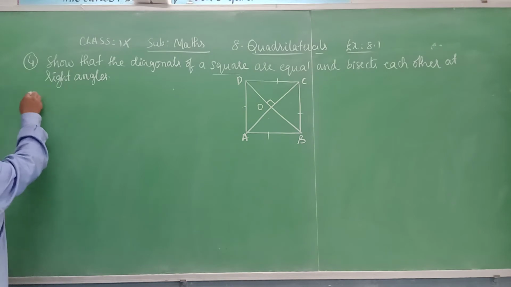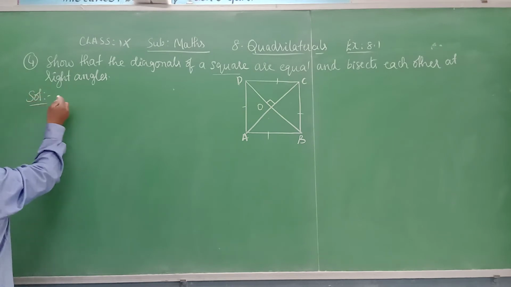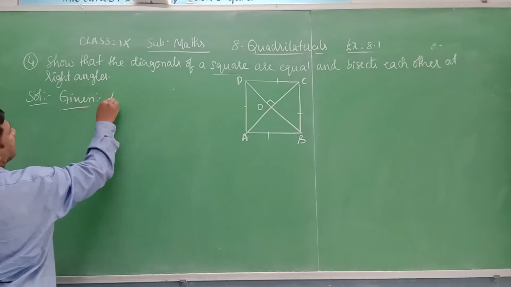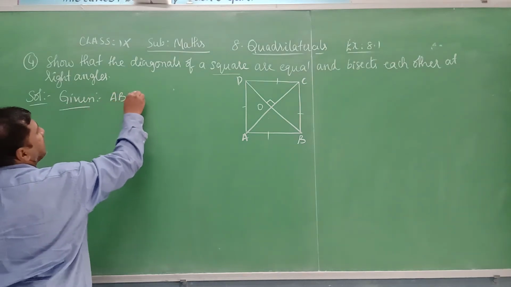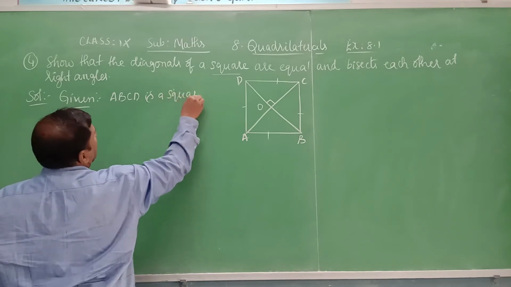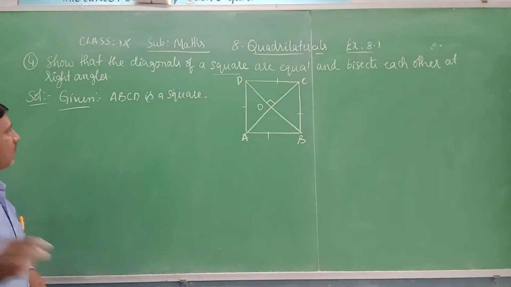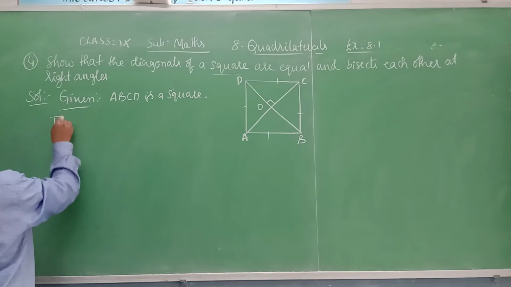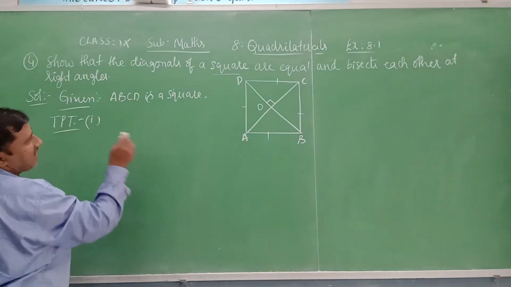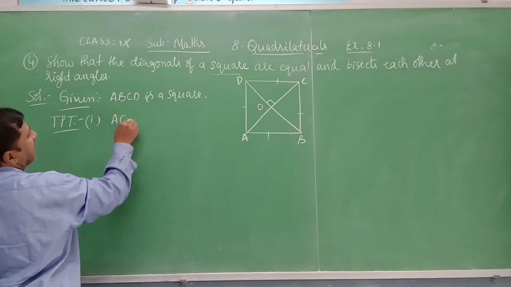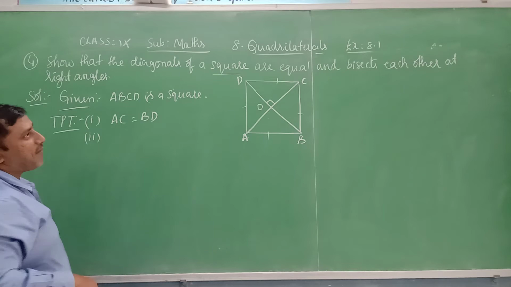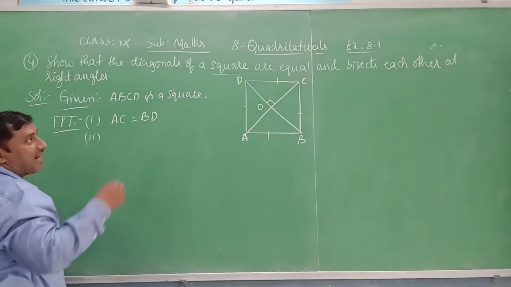So first, write the given data from the question. So what is given here? ABCD is a square. A square means it is a parallelogram also. So what we have to prove here? One, the diagonals are equal. That is AC is equal to BD. Second, the diagonals bisect each other.